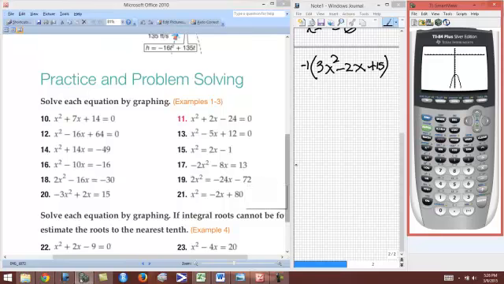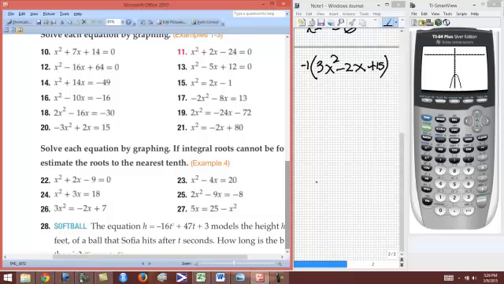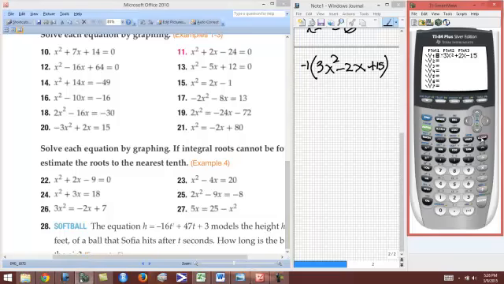All right, so let's look at 20. Now we're going to estimate the roots to the nearest tenth. So with 22, go to y equals, I'm going to clear it, x squared plus 2x minus 9. Okay, and I'm going to do a zoom standard.